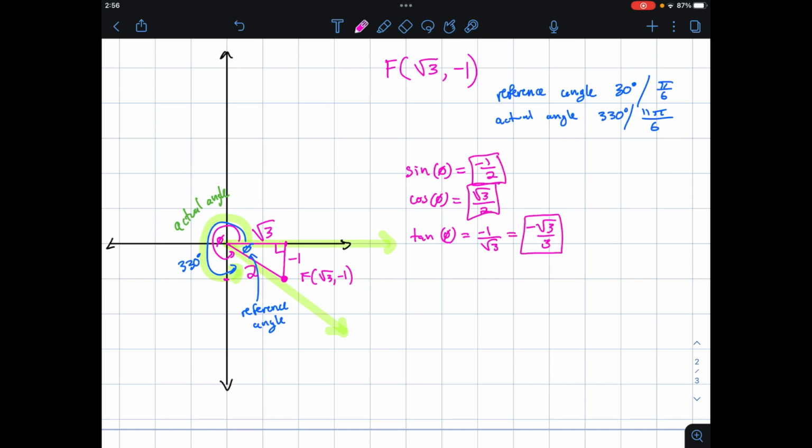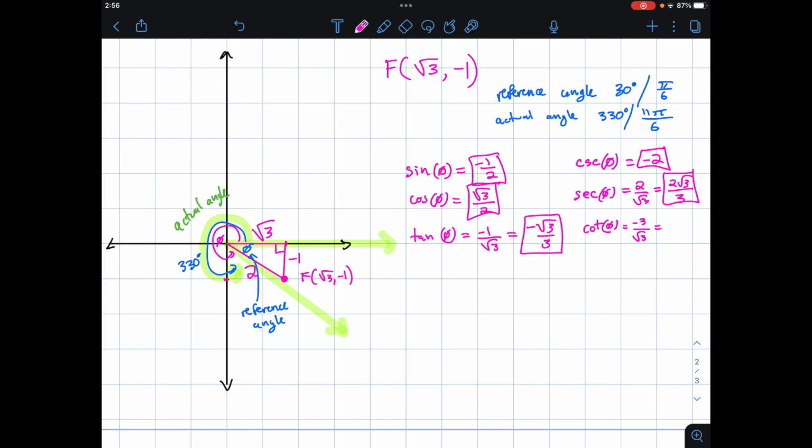Then if we go for our reciprocal trig functions, reciprocal of sine is cosecant theta. So we're just going to get -2 over 1, or -2. Secant theta is the reciprocal of cosine. We're going to get 2 over square root 3. Rationalizing is going to give us 2 square root 3 over 3. And cotangent of theta is going to be -3 over square root 3.